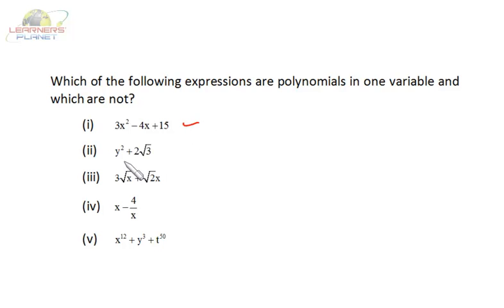Here it's a polynomial in one variable once again, since there is only one variable y. Here it's not at all a polynomial because x has the power half, that is, it is root x, and if it is root x, then it cannot be called a polynomial, since the variable should carry non-negative integral powers.